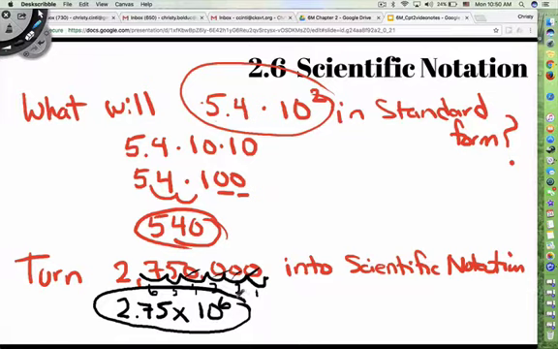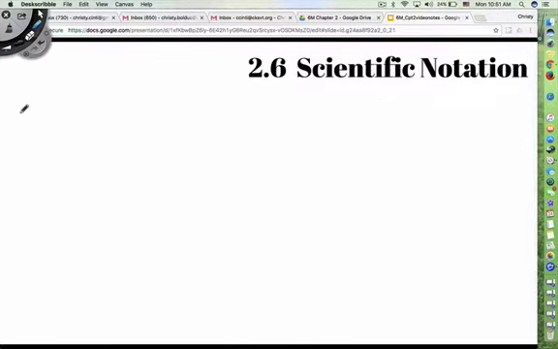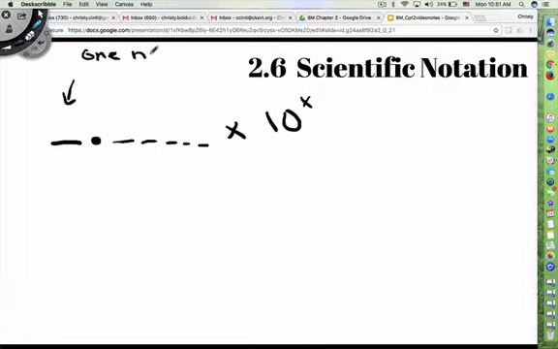Okay, in scientific notation you always have one integer here, the decimal if there is a decimal, and all the other numbers following, times 10 to the exponent. So there's always one non-zero integer here, meaning just 1 through 9.